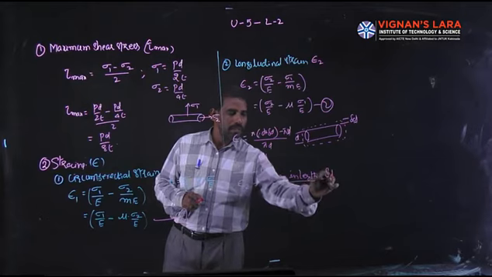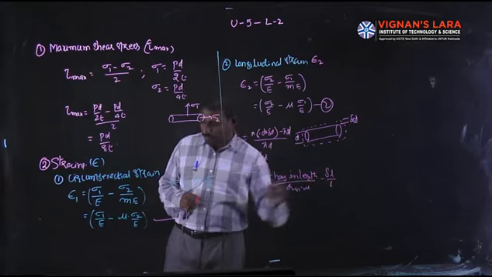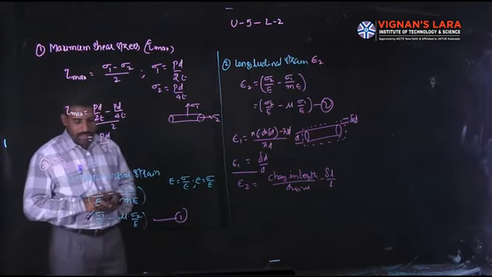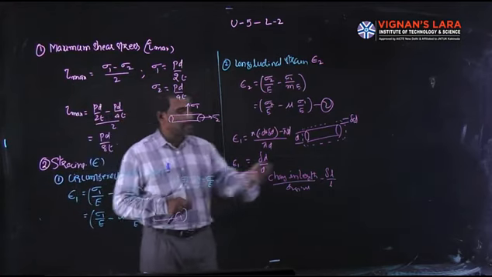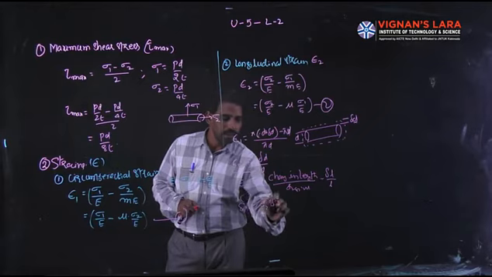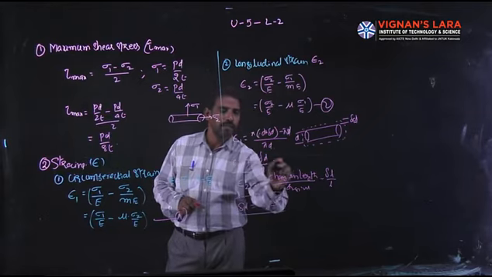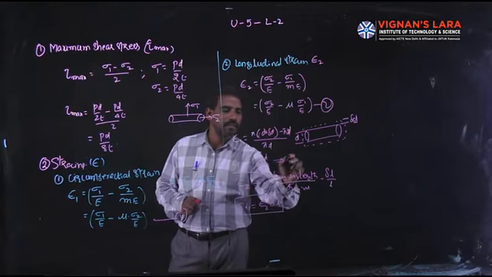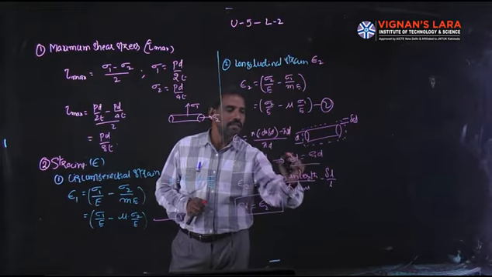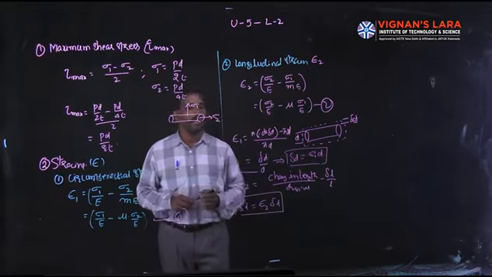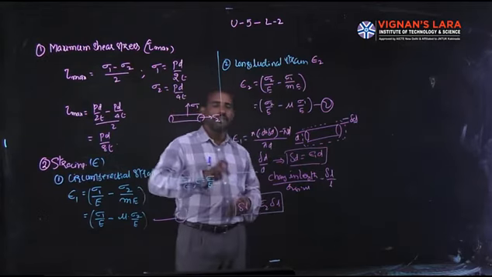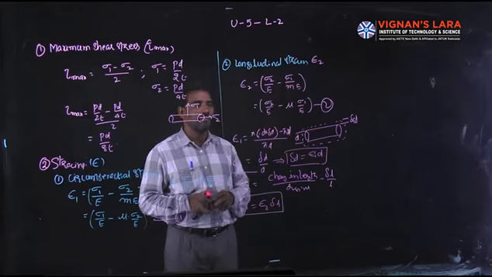The change in length is delta L and the original length is L. We can also find the change in length: delta L is equal to epsilon 2 into L. And the change in diameter is equal to epsilon 1 into D. So from this we can find the change in length and change in diameter of a shell.